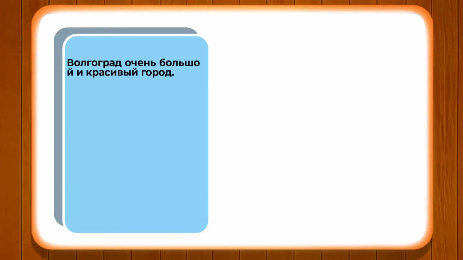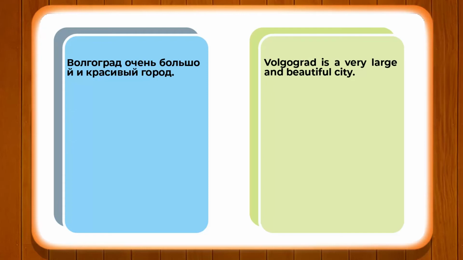So, Volgograd is a very big and beautiful city. As per the requirement of the noun, there is an agreement between the adjective ending and the noun. In this case, there is an agreement between город, which is of masculine gender, and красивый and большой.